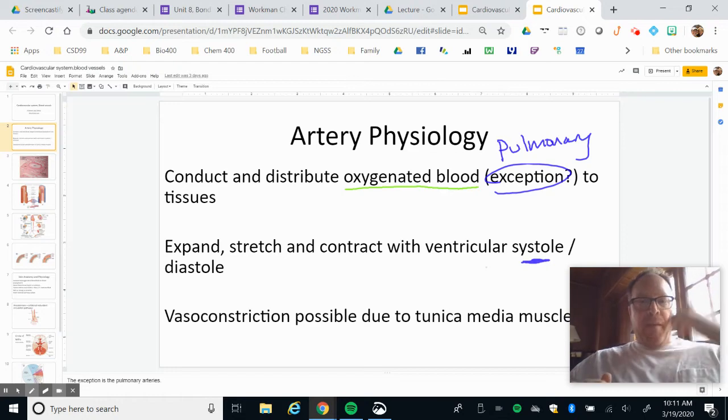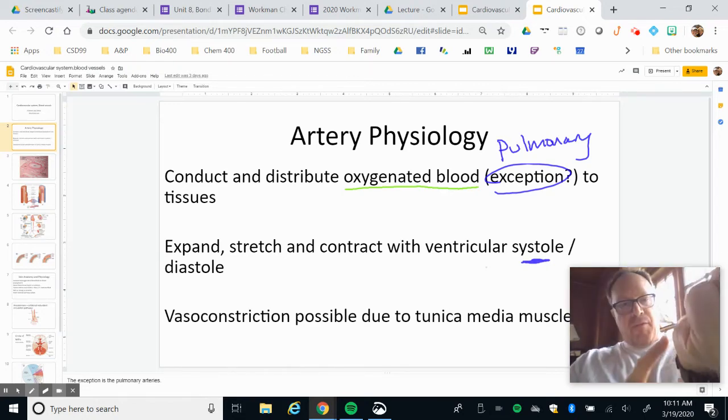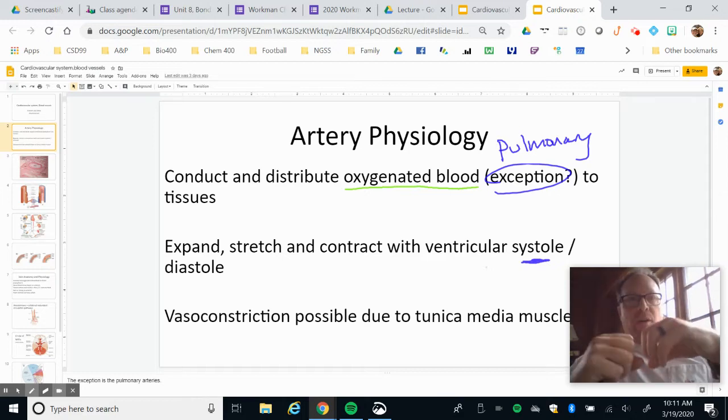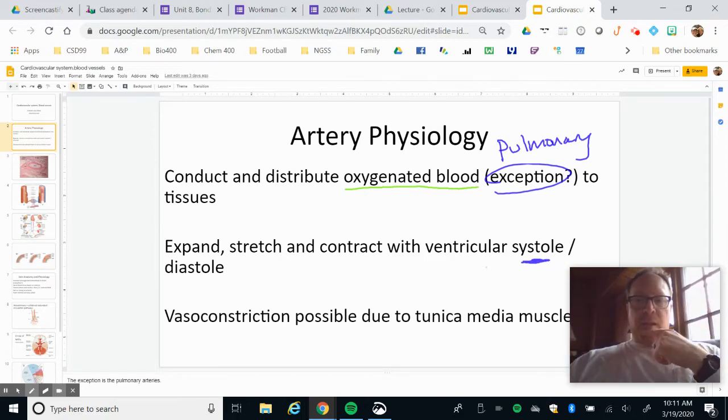And that's why you can feel your pulse. What you're feeling is the heart squeezing, and then the blood rushing through your arteries as a result of that ventricular systole, and then your arteries stretch. And so that's the pulse that you actually feel.